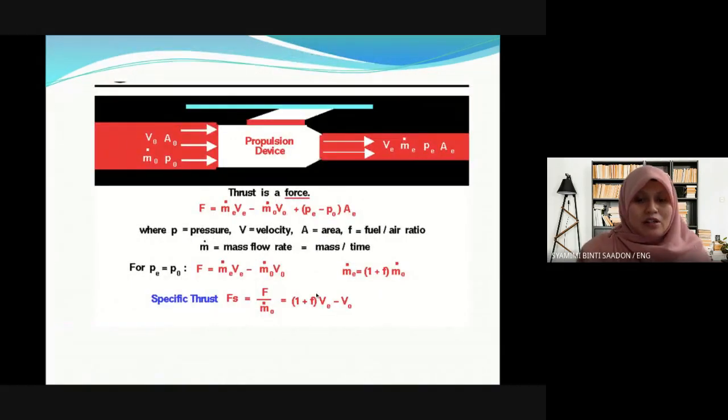If the mass flow rate is constant, and UE is constant, and the flight speed is increasing, then the net thrust will decrease.